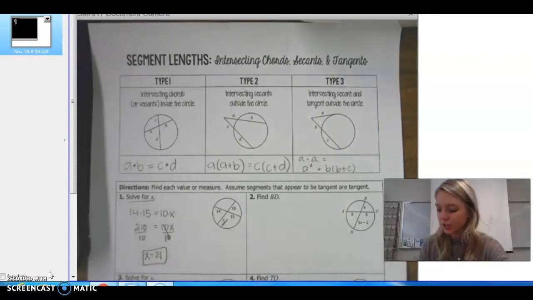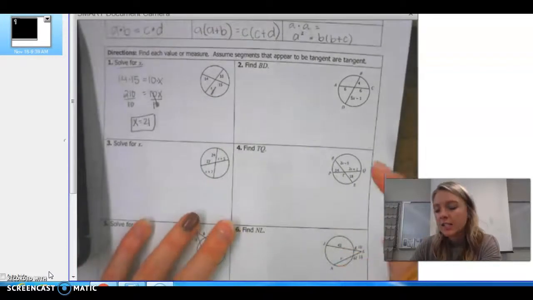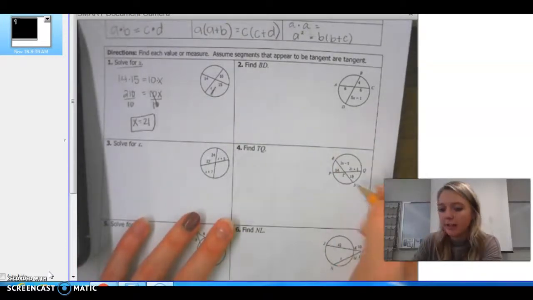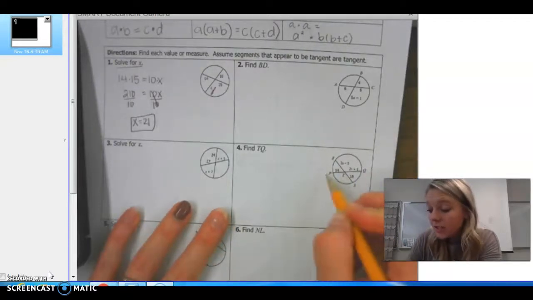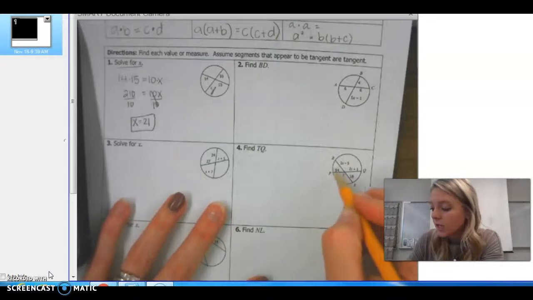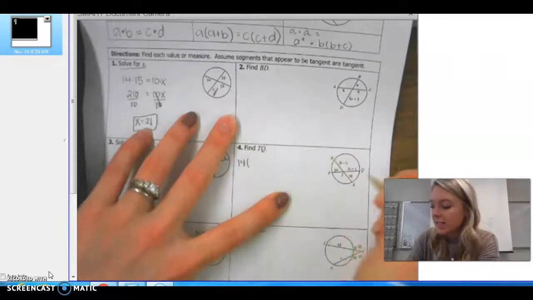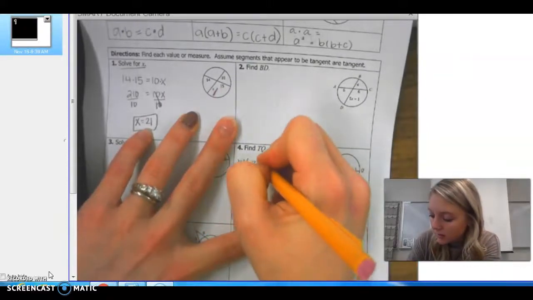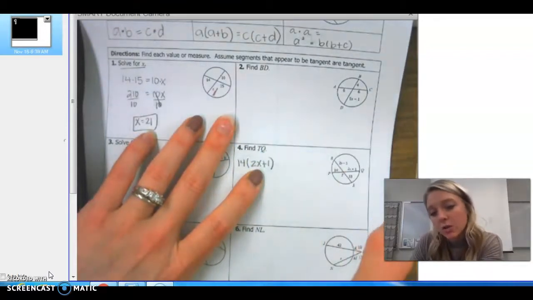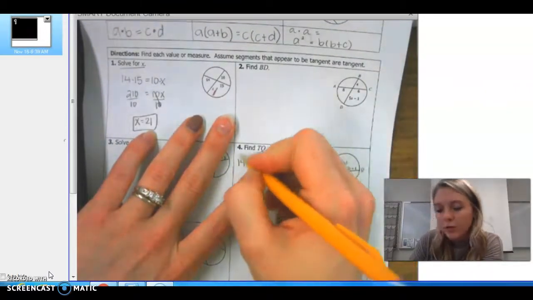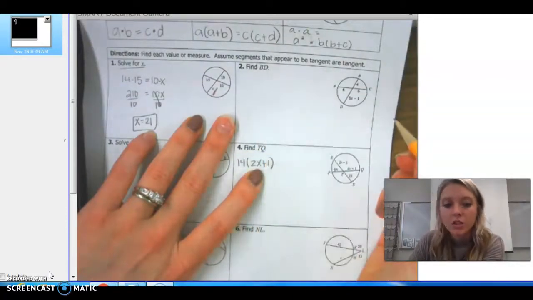The next one we're going to look at is number 4. This is still a type 1 situation where we have two chords that are intersecting. I'm going to focus on chord PQ and multiply each segment. So 14 times (2x plus 1). I'm going to put parentheses around the 2x plus 1 just to remind me that I need to multiply 14 times both of those terms, or use the distributive property.